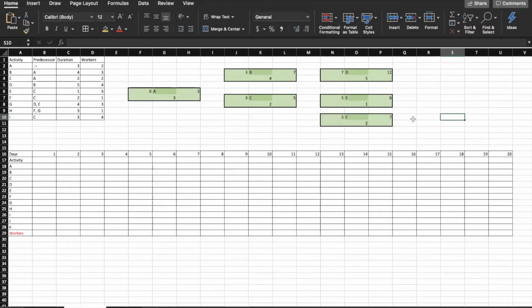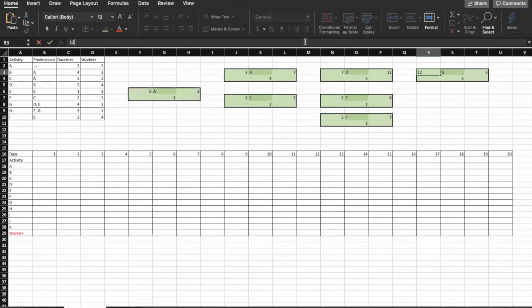And our next node would be G, which has 2 predecessors, D and E, so I'll put it on the top close to them, and it needs to start on the 12th because between 6 and 12, 12 is the bigger number. So right after D is finished, it can start. G takes 4 days, which means that would be done by the 16th.